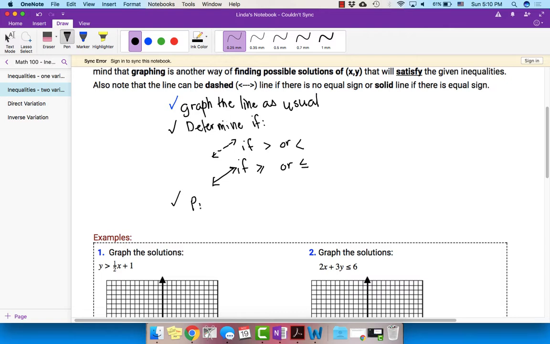The third thing, after you graph the line and determine the dashed or solid line, is to pick a point that is not on the line. Why? Because you are going to test it. And how do you test it? You test it by plugging it into the inequality, and if it satisfies the inequality, that means if the answer is yes, then you shade where the point is.